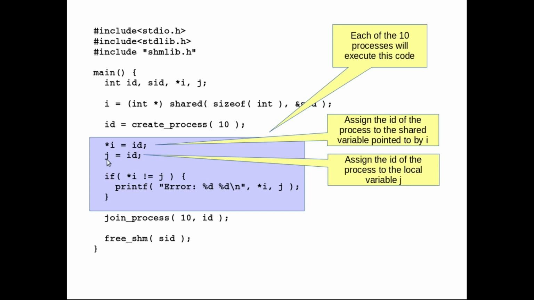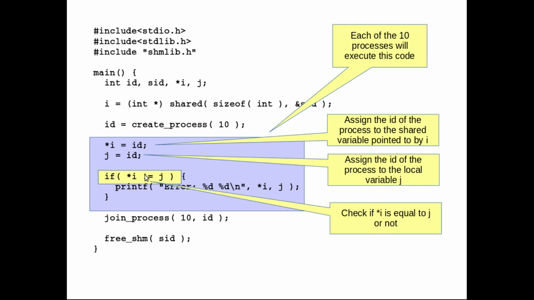Each process will have its own version of j, and then we check whether star of I is equal to j or not. That means we check whether the shared variable is equal to j or not.